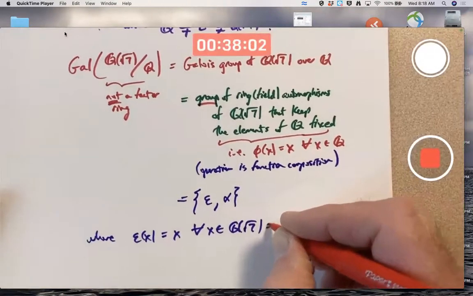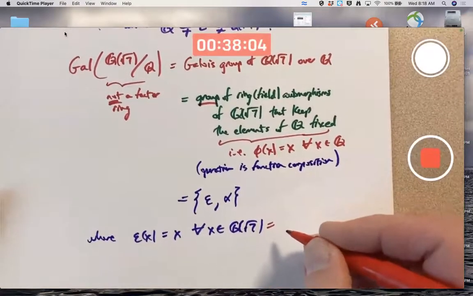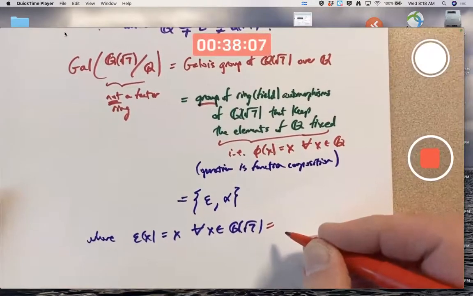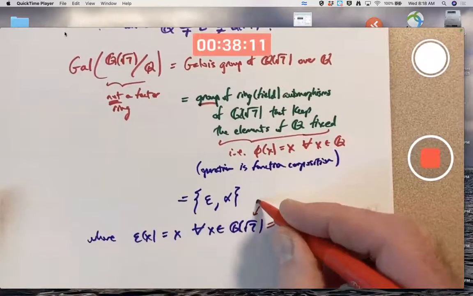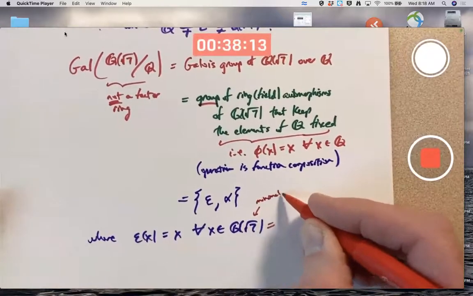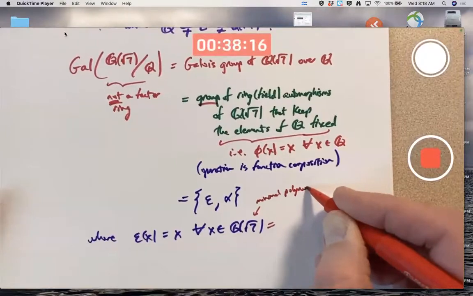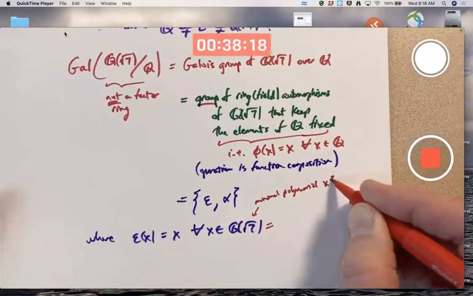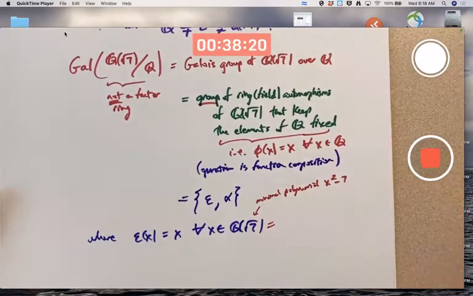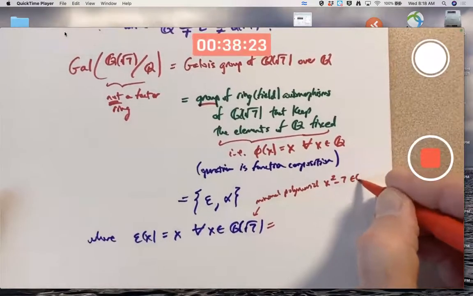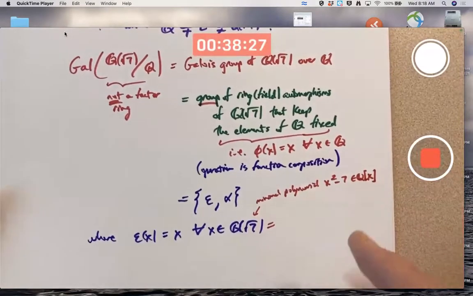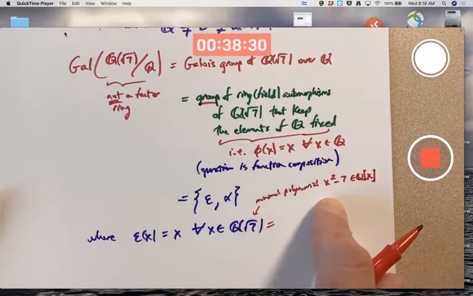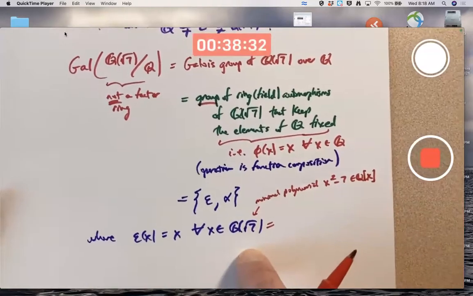Well, remember, it's going to be a vector space over Q, and root 7 has minimal polynomial x squared minus 7 in Q[x]. That has degree 2, so a basis for this is going to have two elements, 1 and root 7.